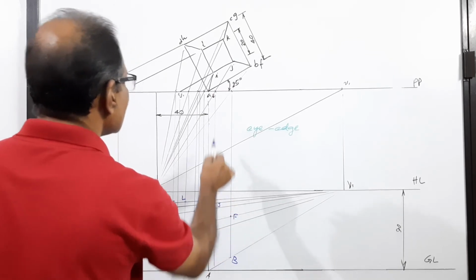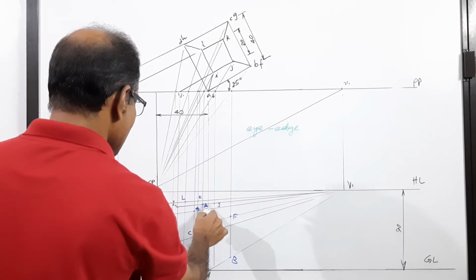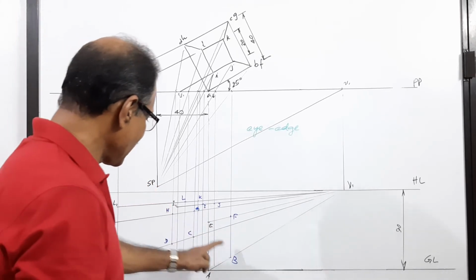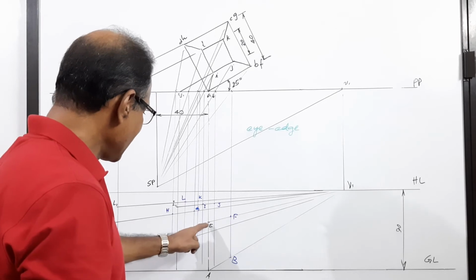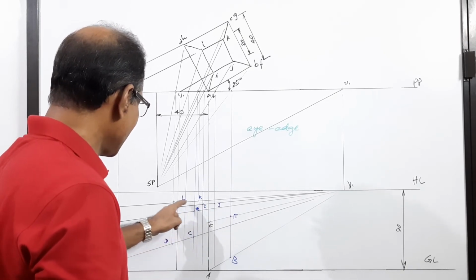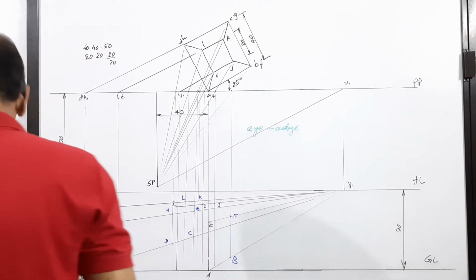J. What is this? I. A, B, C, D, E, F, G, H, I, J, K, L. Agreed? Let's connect them.